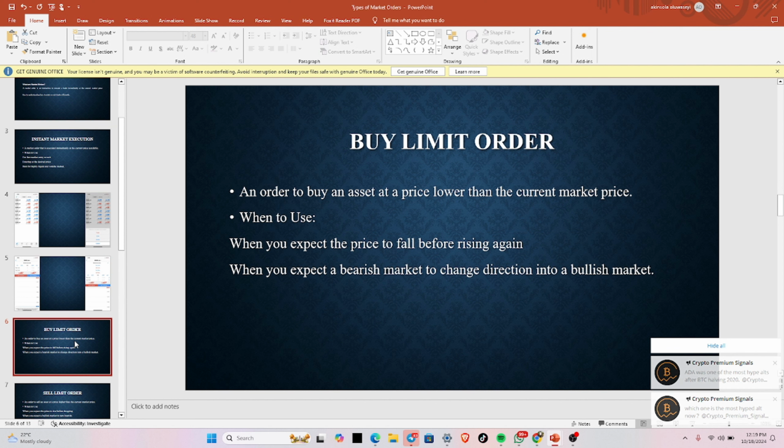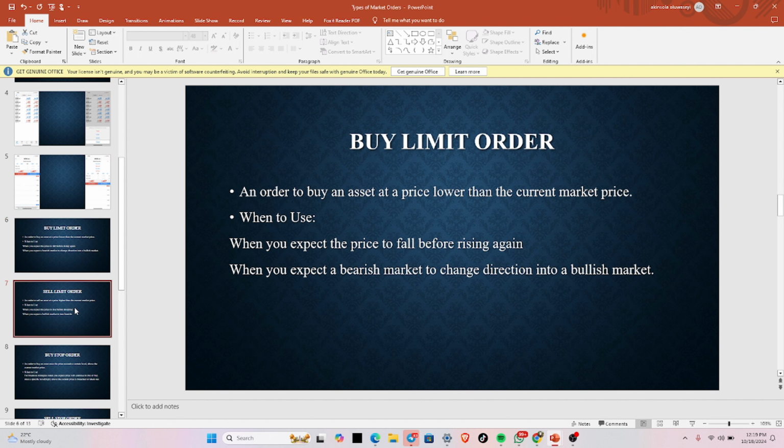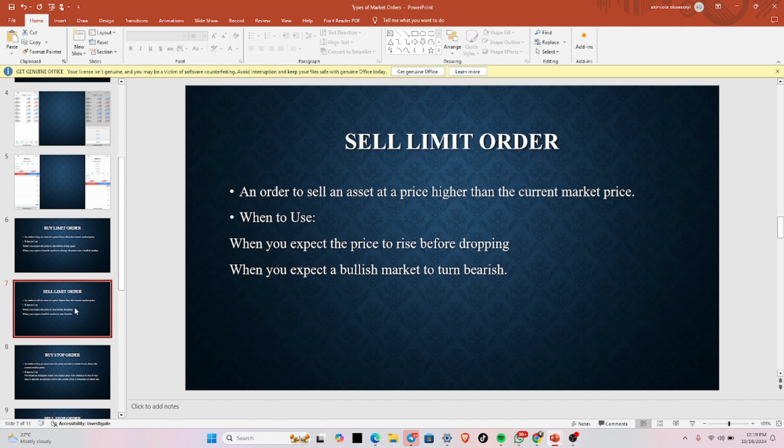I've given the simplest explanation for limit order, both for the buy and the sell.